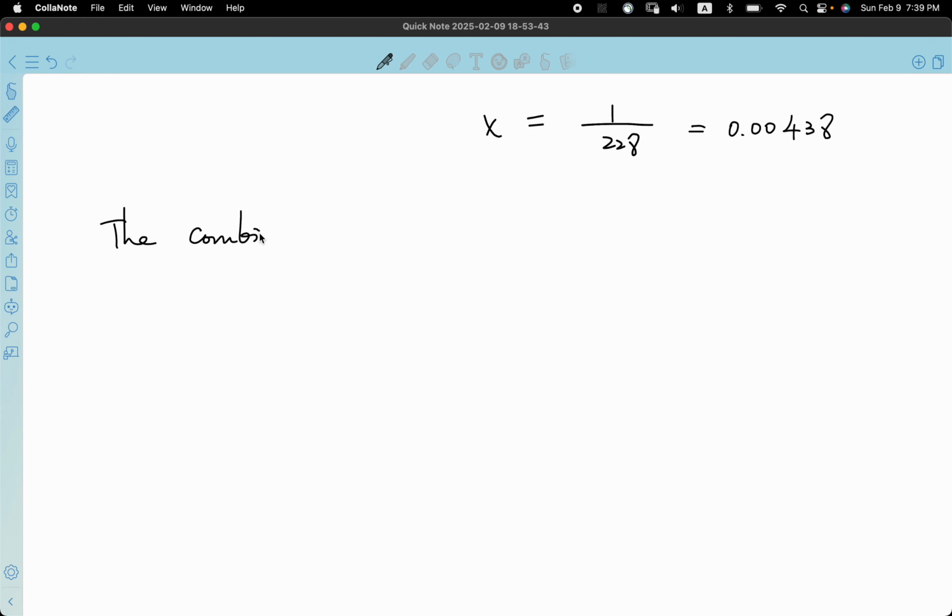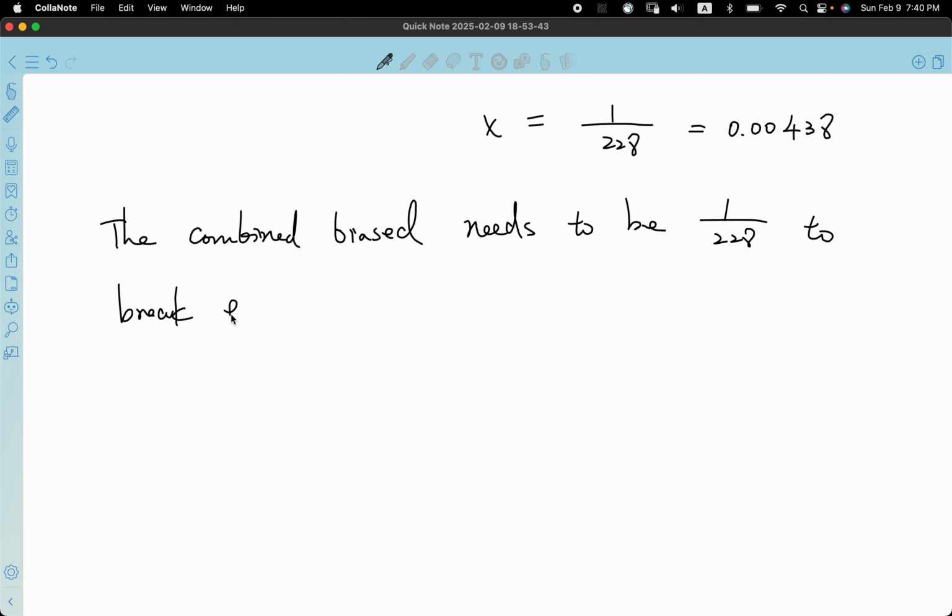The combined bias, let's say, needs to be, let me use a fraction for now, 1/228, to break even, or in other words, the expected profit equal to 0. So don't forget, this is the combined bias.